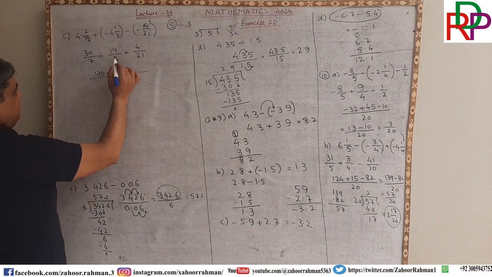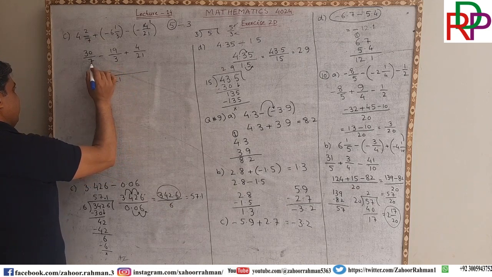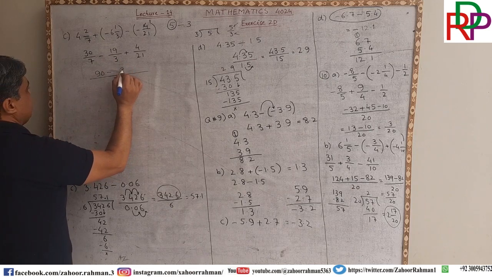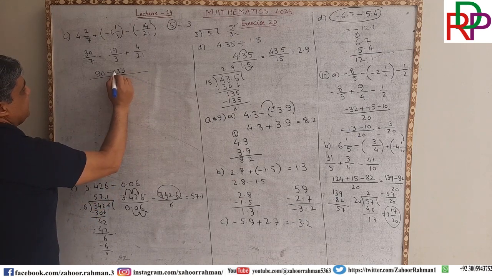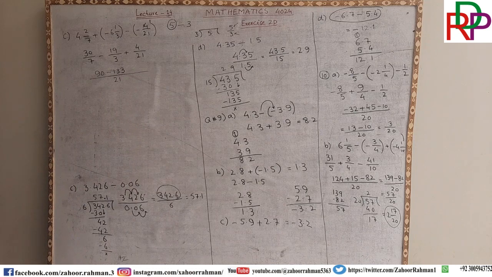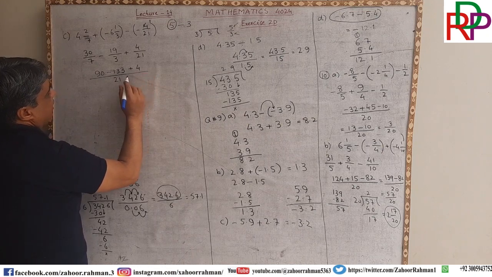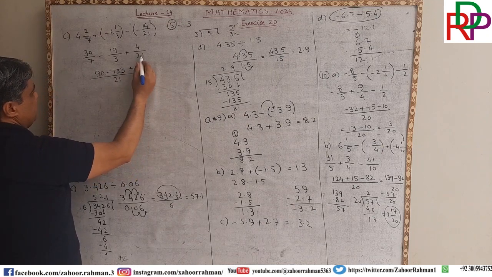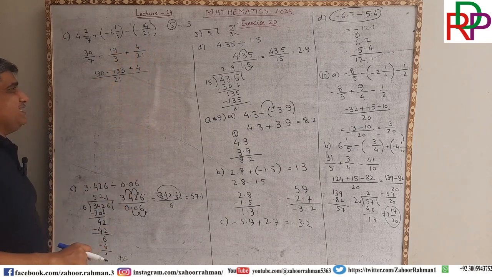Then minus, if we divide this 21 by 3, it will give you 7. And when you multiply 7 with 19, then you are getting 133. Then plus symbol and then 4. How? Because 21 divided by 21 will give you 1, and you have to multiply that 1 with this 4.